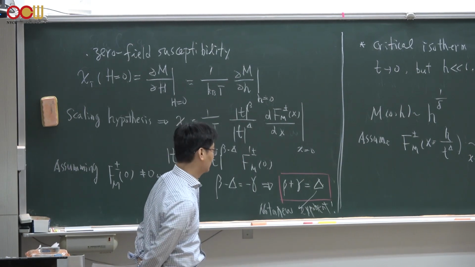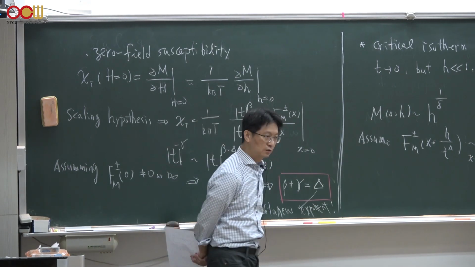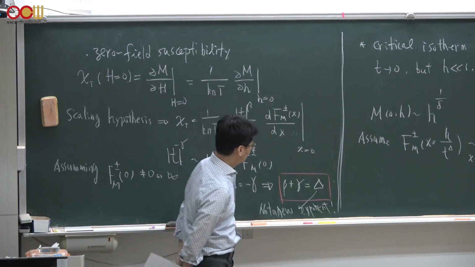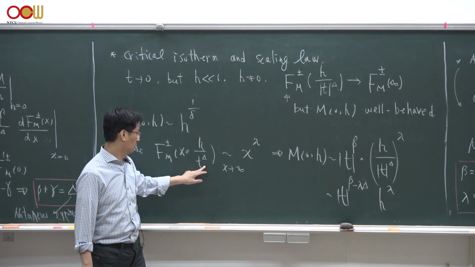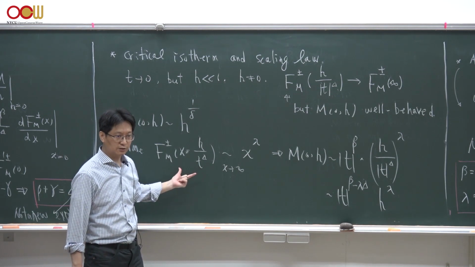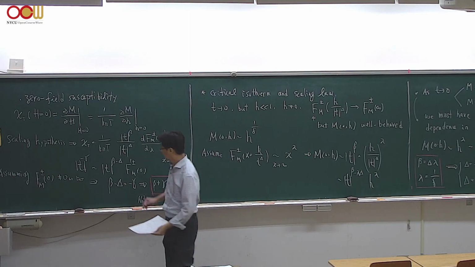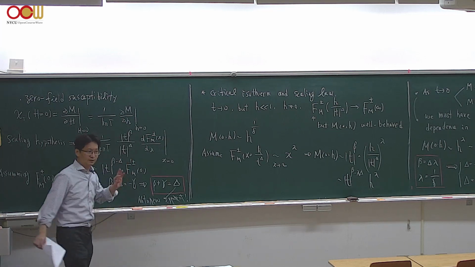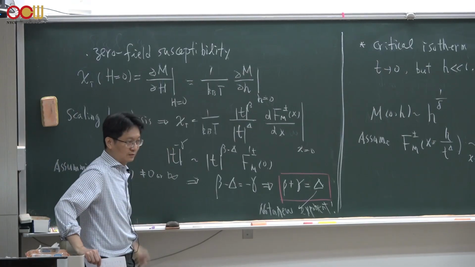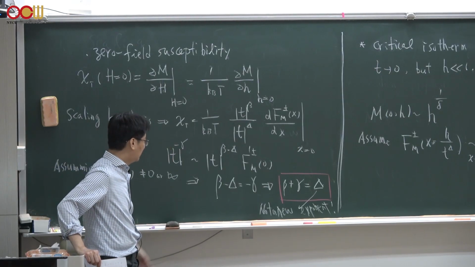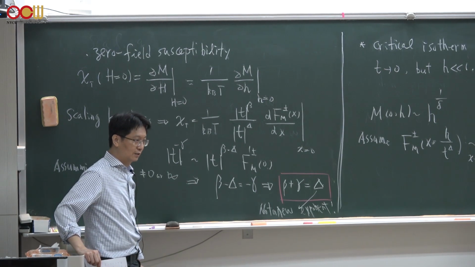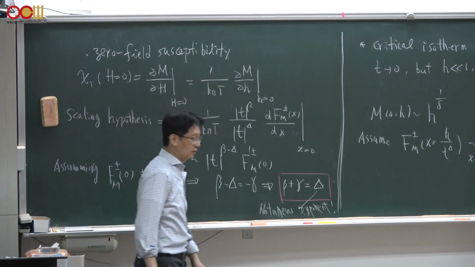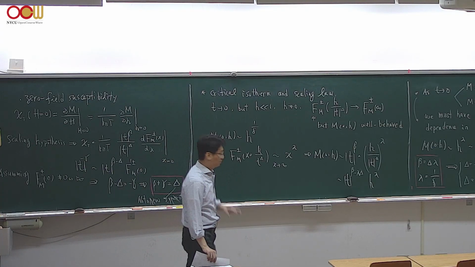That's again the very powerful hypothesis, because even though we don't know what this delta is when we propose this scaling hypothesis, we could compare with the known power law behavior of the susceptibility and know that this delta is nothing but beta plus gamma. So now we can take this information for granted for later purposes.